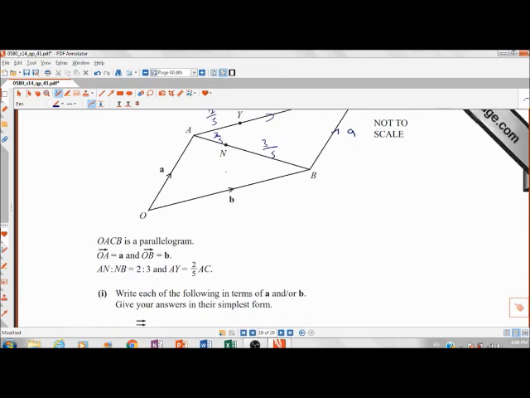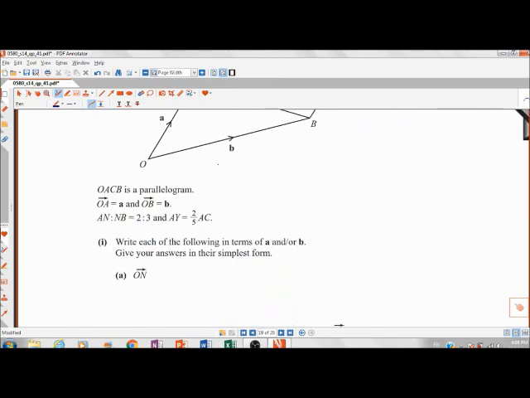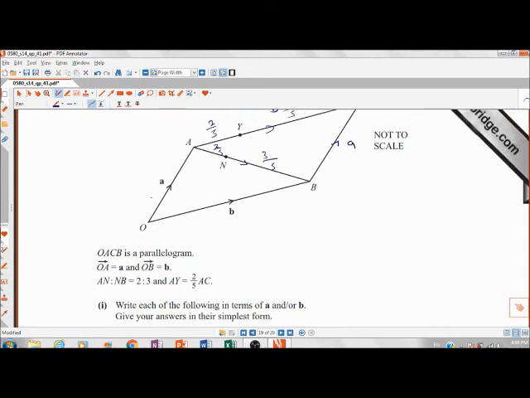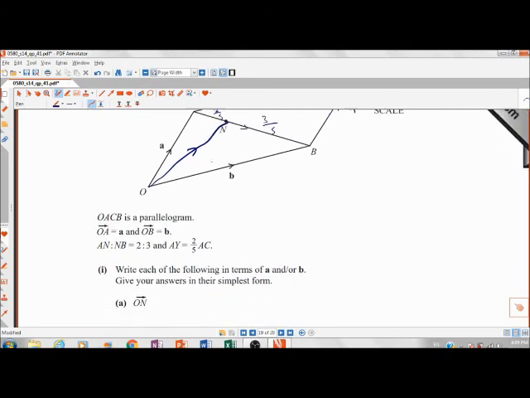So after you've done that, you proceed to the question. Write the question, give your answer, and this is for ON. So basically, it should also be this. ON, they want to find this one. How to find that? ON, you should go OA, then AN.